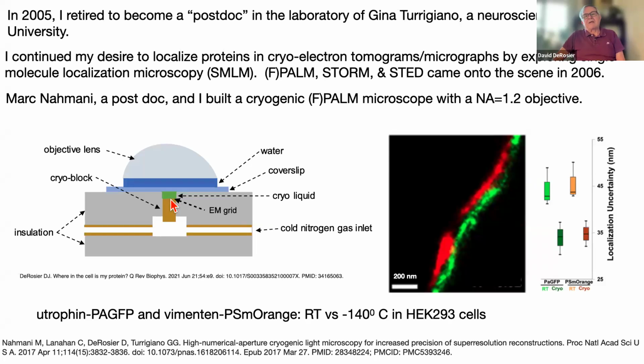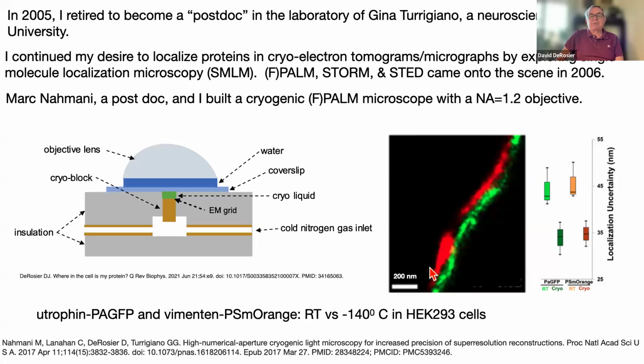And with this, we were able to achieve double labeling, 2 labels, utrophin with PAGFP and vimentin labeled with PSmOrange, both of which switch. PAGFP turns on and PSmOrange switches from orange to red.